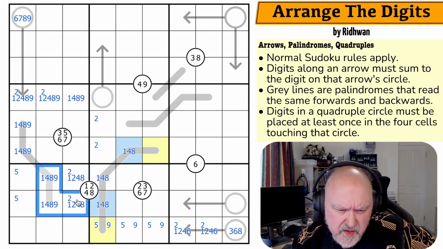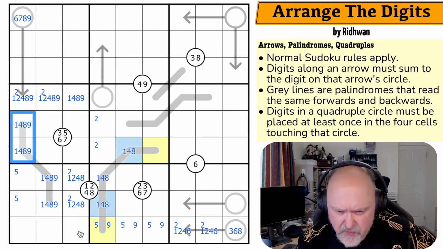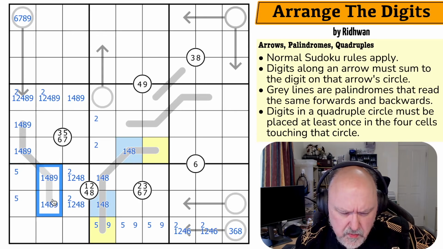There's something weird going on here. If I could get 9 off this, that would be incredibly powerful. Can I get 9 off both of those? No.